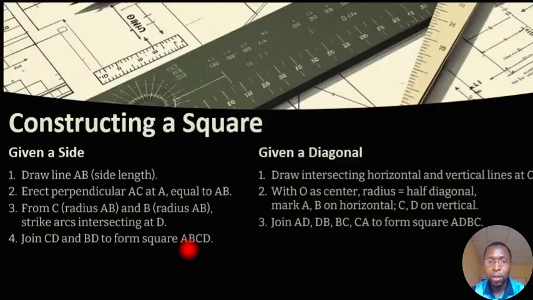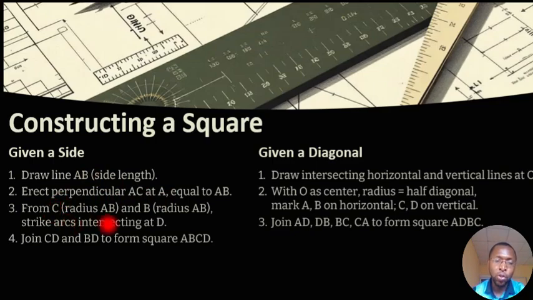All right. Now, how do we construct a square? There are two ways of going about it. You can be given a side and asked to construct a square, or you can be given a diagonal and asked to construct a square. When you are given a side, you draw the line of the side given to you. The next step is to erect a perpendicular line on the drawn line.